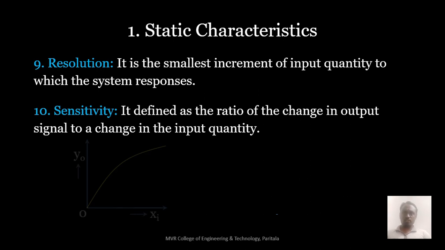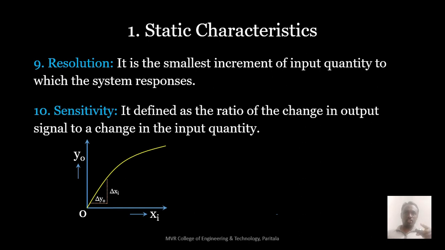So let us take this one as incremental sensitivity. That means the ratio of the input signal to the output signal is not always the same. Up to a certain range it was one ratio, up to a certain range it was another ratio, and there are several ranges here. See, this is one range.